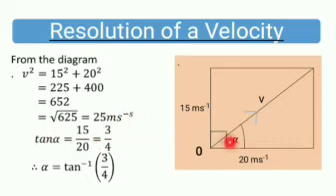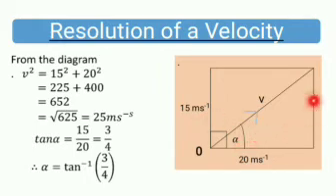Then to find this angle, we want the tangent of this angle. Tangent is opposite over adjacent, because these are the two things we have.